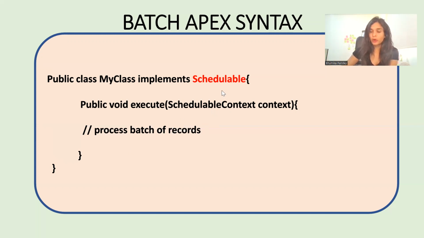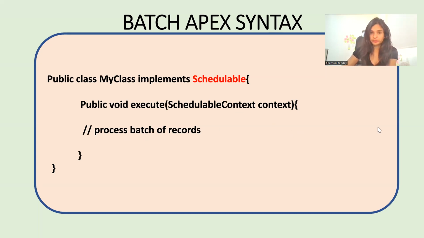Whatever schedule you have decided for this class, at that particular day and time this class will run, and whatever batch or queueable class is called inside it, or any direct logic written here, will get executed at the specified schedule.